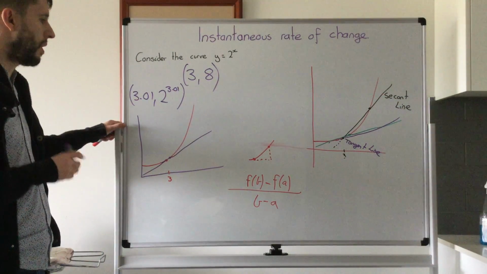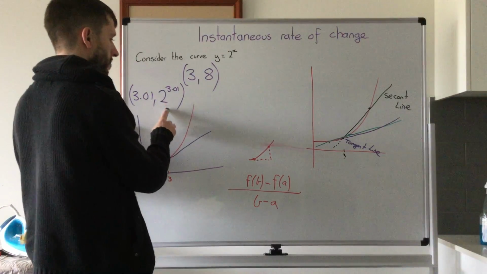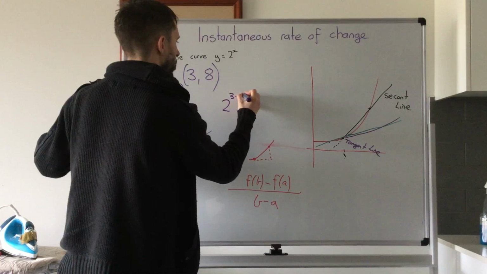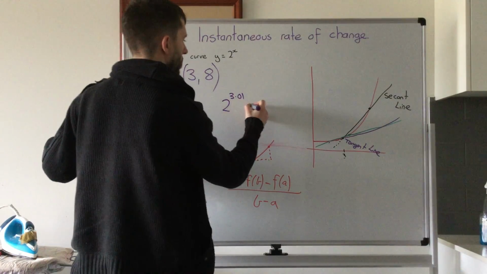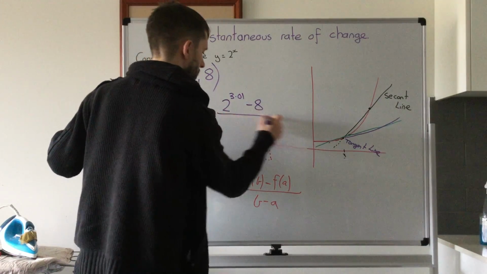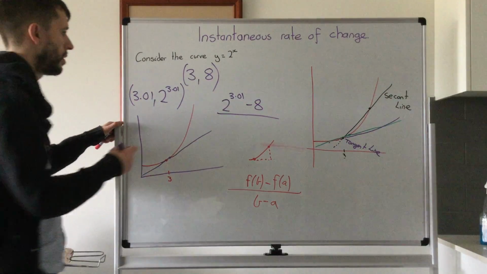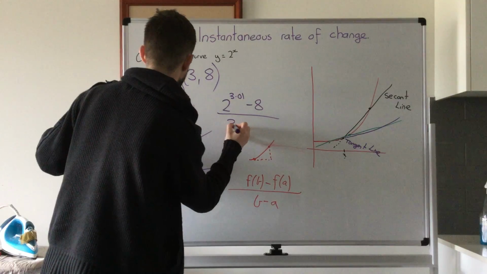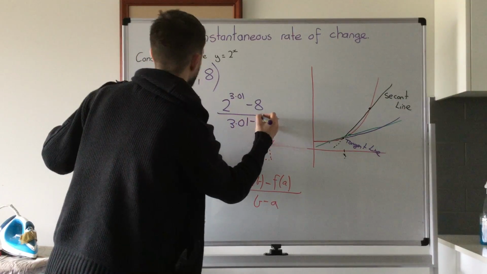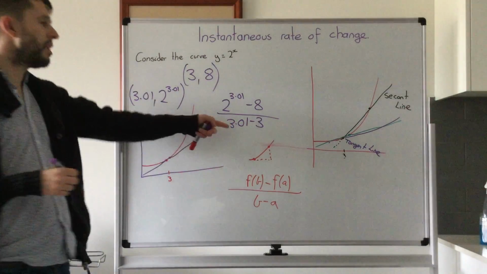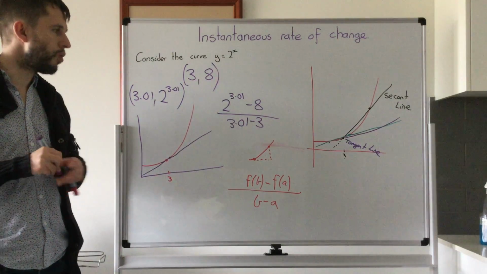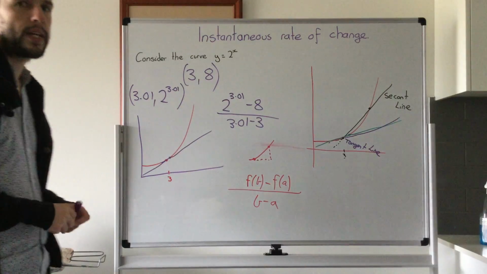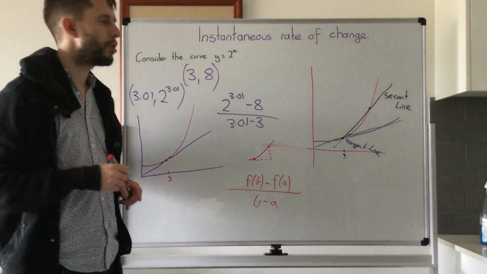To start off, I'm going to use my function b, which is 2 to the power of 3.01 minus 8, divided by 3.01 minus 3. And we can do this because it needs to be as close as possible. We can't have a denominator of 0. Then we're looking at limits, which we will get into.